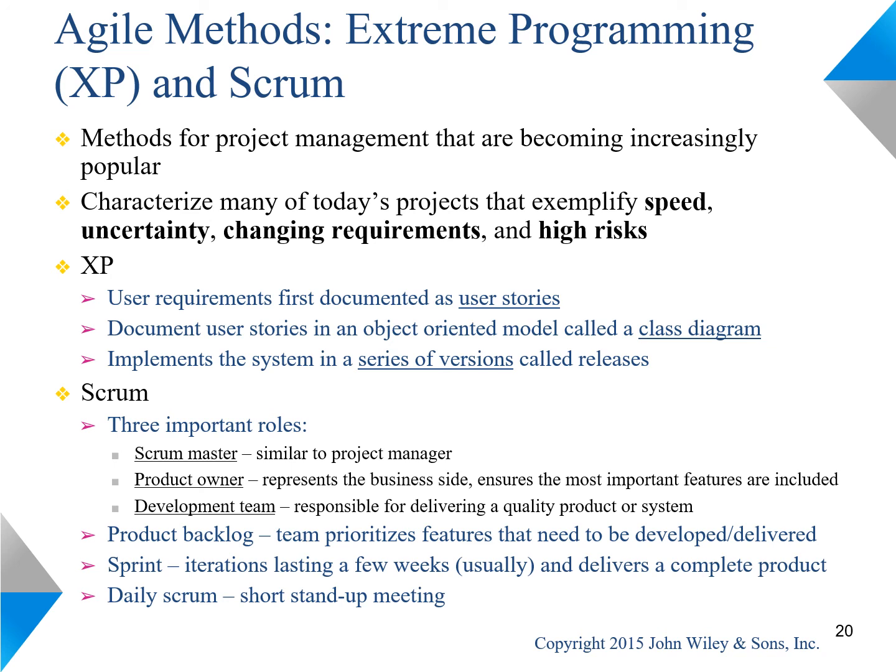Each sprint generally takes a few weeks, and a completed product is delivered then. Additional features and functionalities are planned for the next sprint until all the features in the product backlog are delivered.